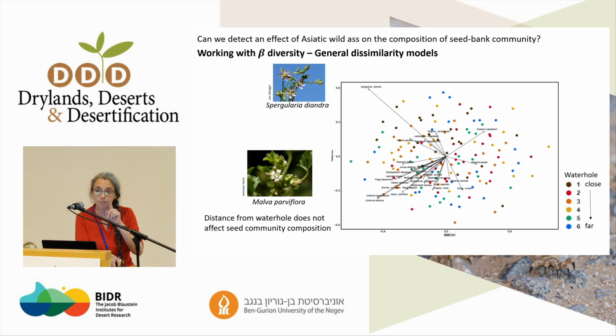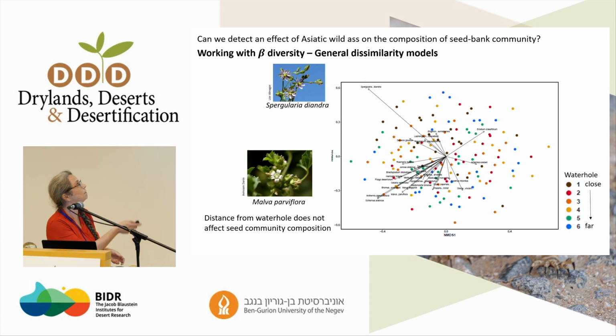Even though the dominant species are helping the statistical analysis to show the differences between the different samples, we do find species that are known to be associated with herbivory, especially these two.